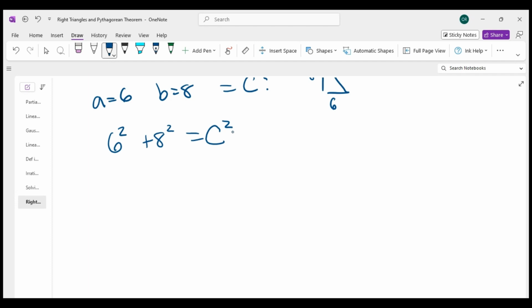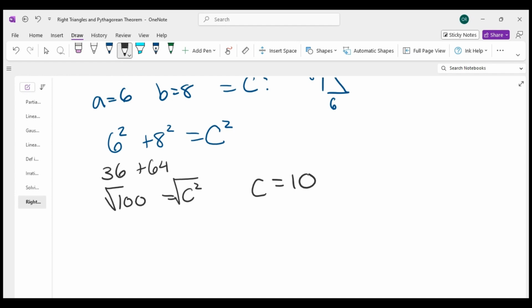It's important to note that c is squared. So you'll have 36 plus 64, which gives you 100 equals c squared. We're trying to find c though, so we have to take the square root, and lucky for us, 100 is a perfect square, so c just equals 10, right?